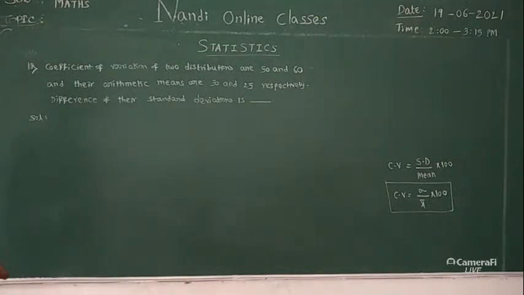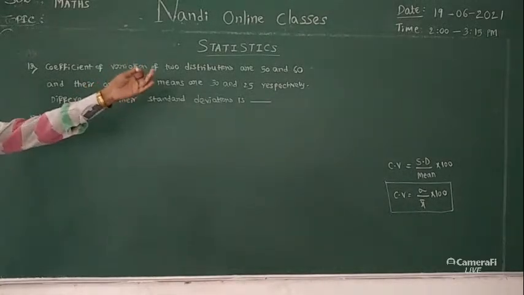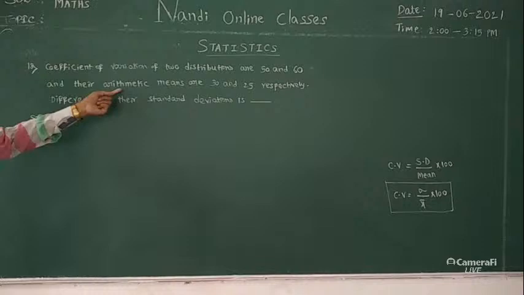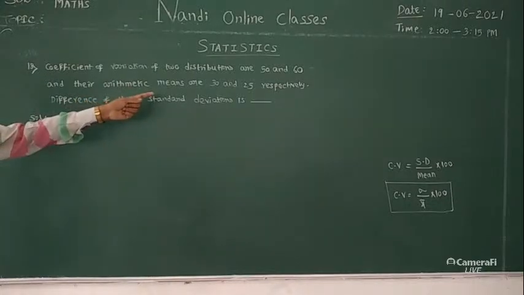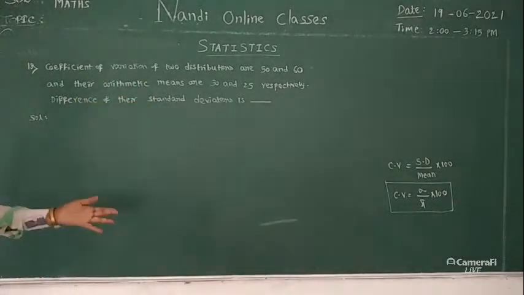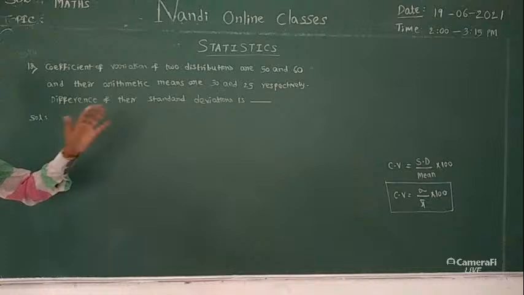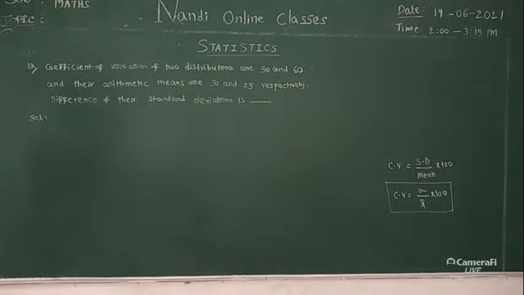Coefficient of variation of two distributions, same as the previous problem. Two distributions are there, CV1 and CV2 given as 50 and 60. Their arithmetic means are given, x1 bar 30, x2 bar 25. What is the difference of their standard deviations? I want sigma 1 minus sigma 2.